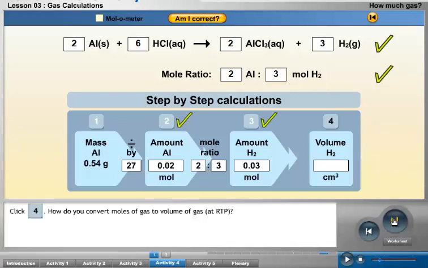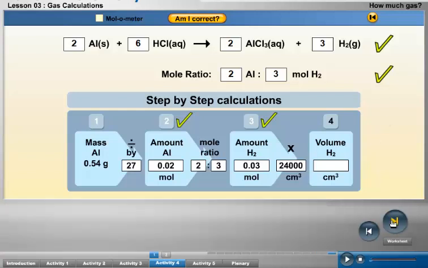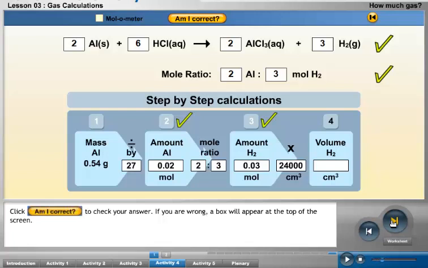Click 4. How do you convert moles of gas to volume of gas at RTP? Click Am I correct? to check your answer.